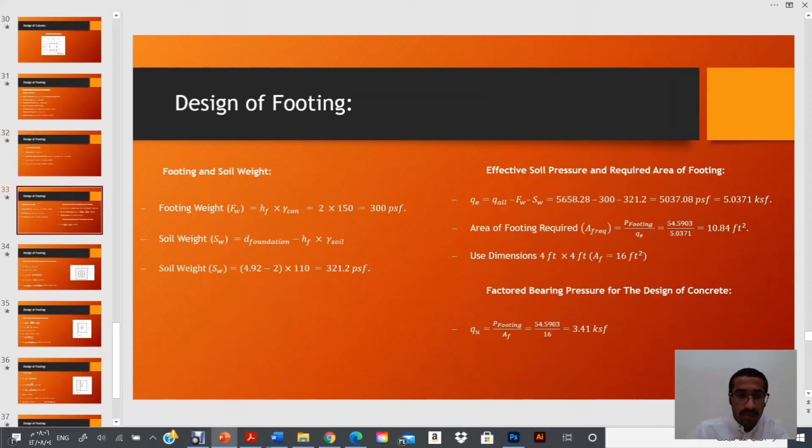Footing and soil weight. We need to calculate the effective soil pressure, so we can determine the required area of the footing.